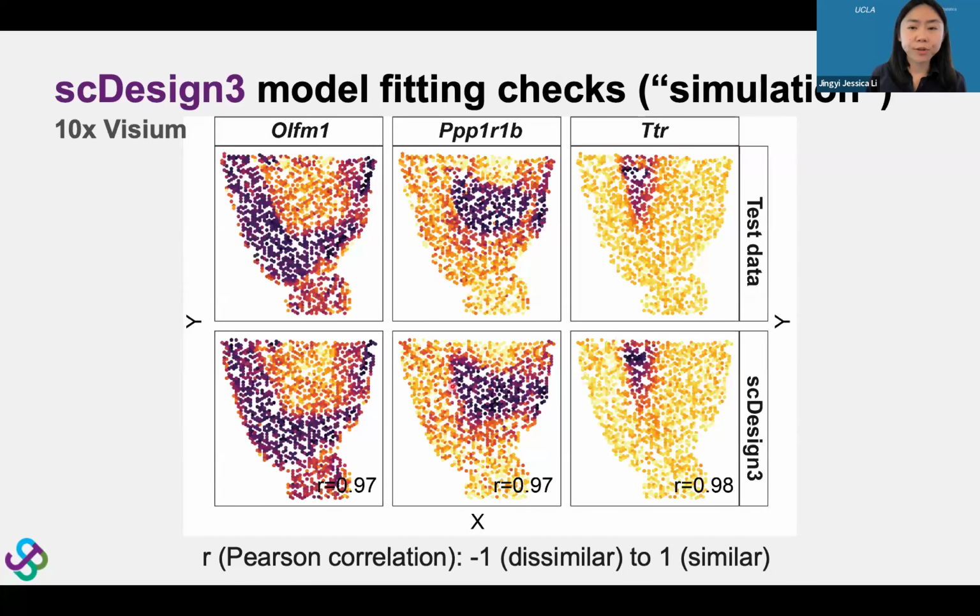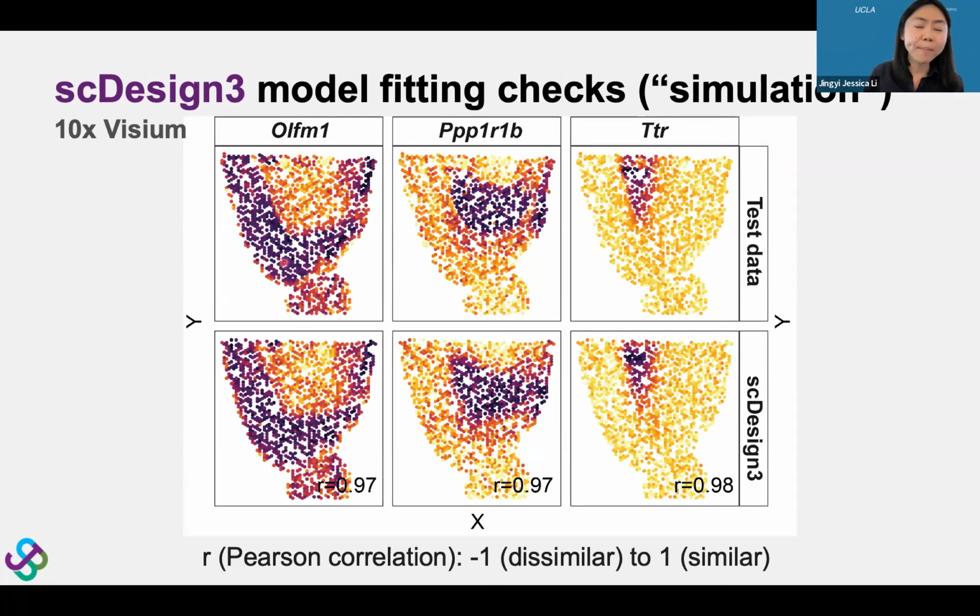This is spatial transcriptomics. The top row is the real data. Second row is our simulated data. And here we're just calculating a very simple Pearson correlation because we fixed the same spots. The spatial locations are a one-to-one match. We didn't sample spatial locations. We just generate gene expression on the same locations.